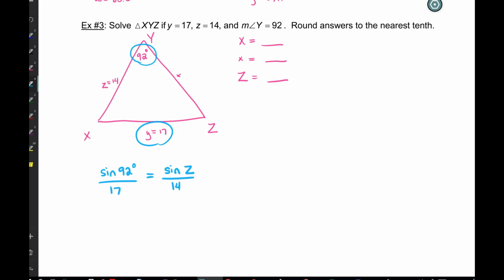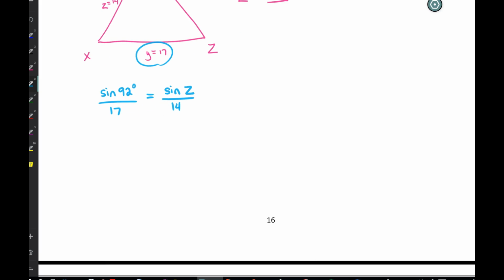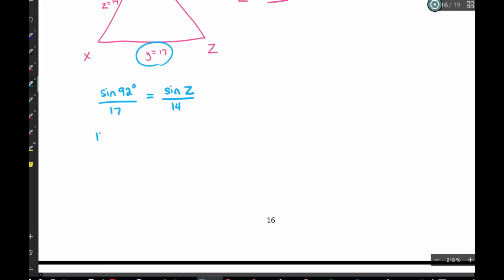Now this is going to be a little bit different than the last one. Remember what I said, whenever we're trying to find the angle measure, that's where you need the little -1, okay? But first thing you want to do is isolate sine of z. So let's just cross multiply. We get 17 sine z equals 14 times the sine of 92. And then what? We want to divide both sides by 17.